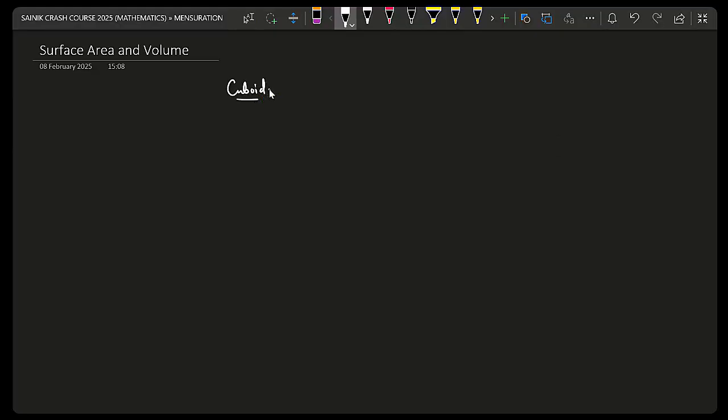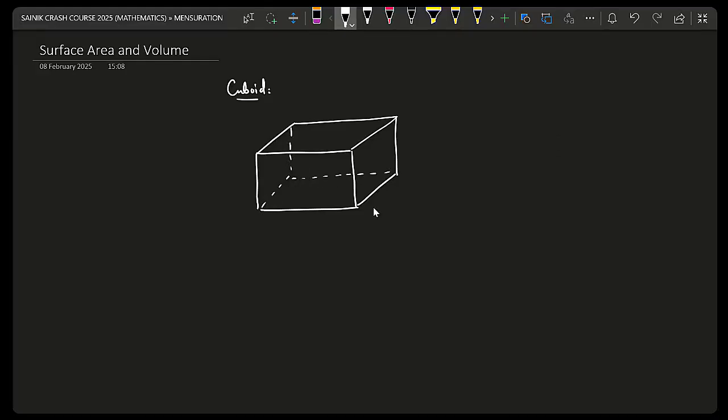A cuboid is a three-dimensional figure having length, breadth and height. So this is a cuboid. Let us say this is the length, this is the breadth and this is the height.